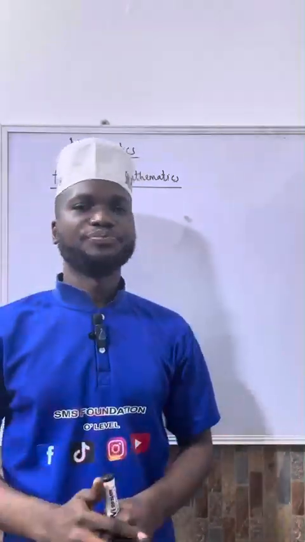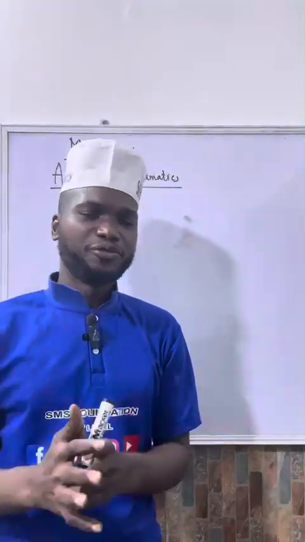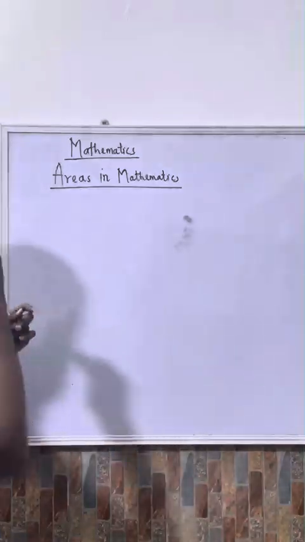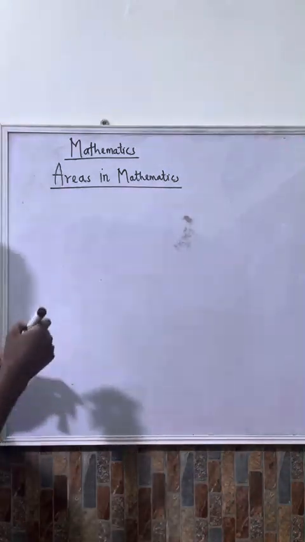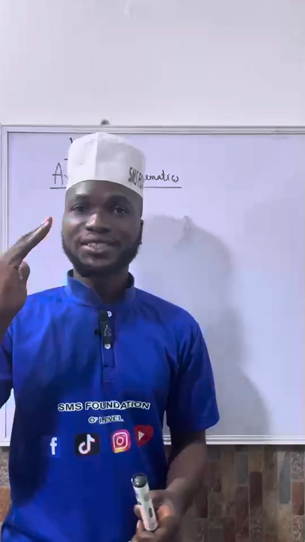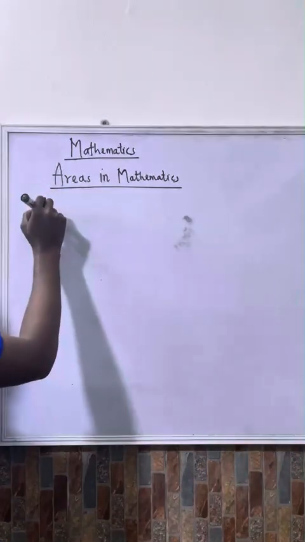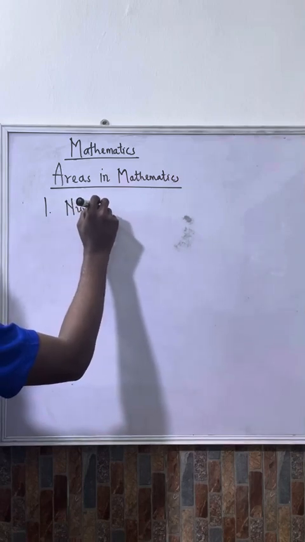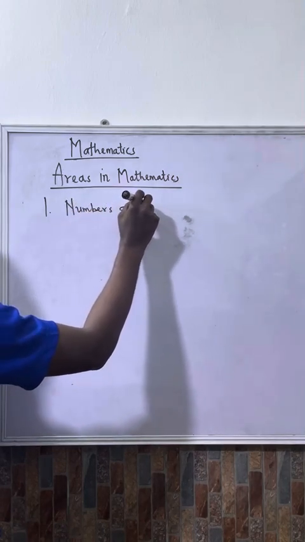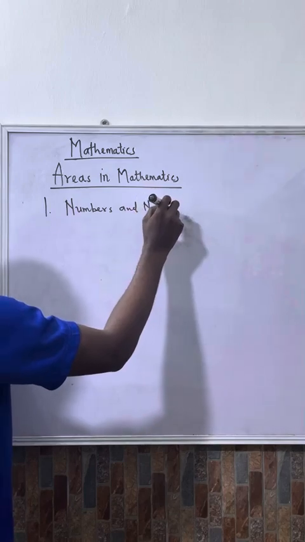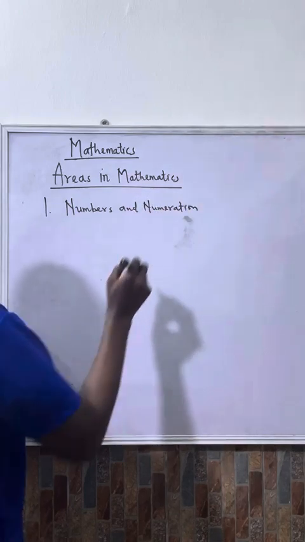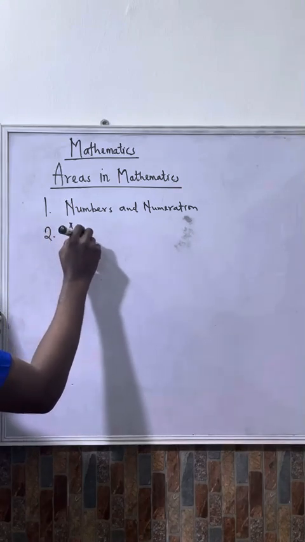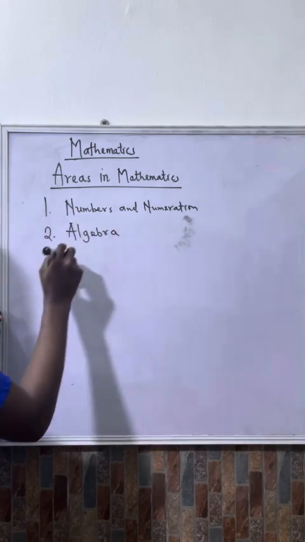The first thing, based on O level, like SSCE, the secondary school curriculum: mathematics has about 5 or 6 different areas. The first one is numbers and numeration. Secondly, algebra.